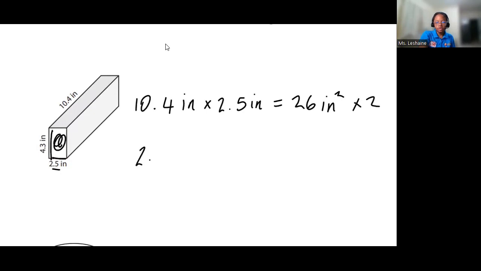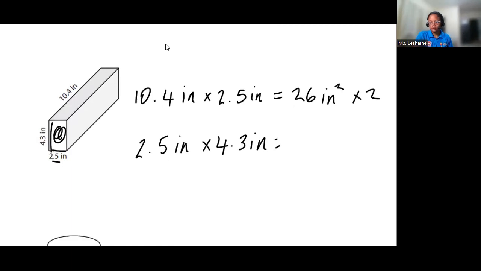So 2.5 inches times 4.3 inches. And that gives us 10.75 inches squared. And then of course I have to double that because if I have 10.75 right here at the front, I will also have 10.75 at the back as well.